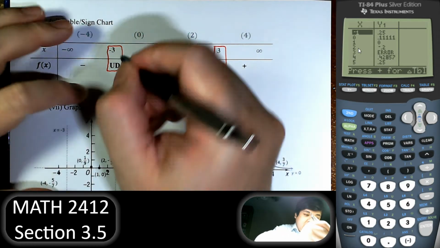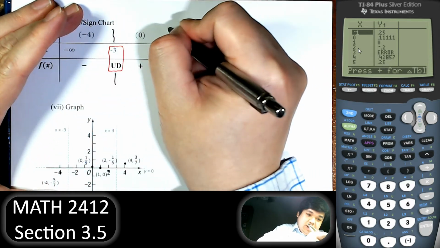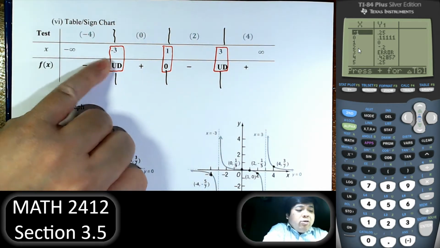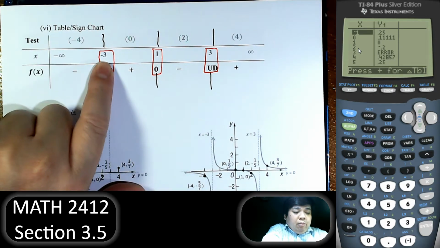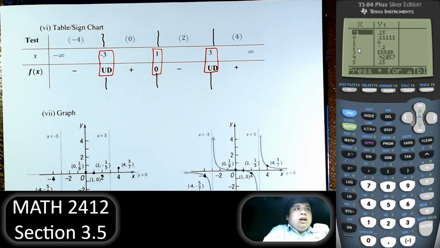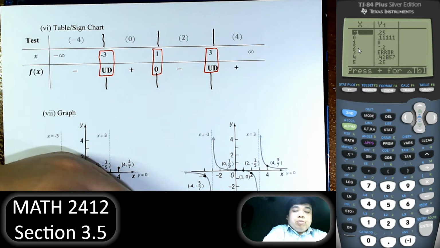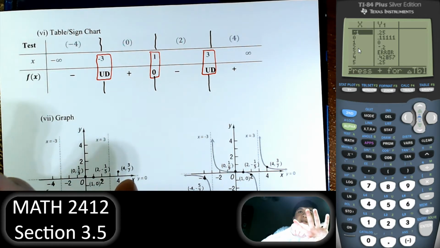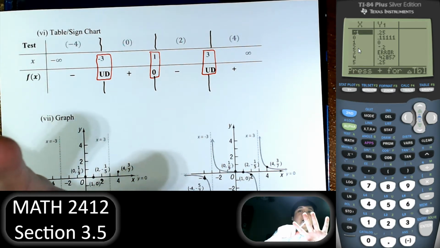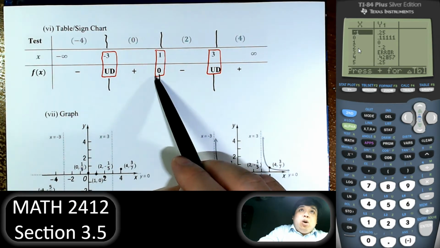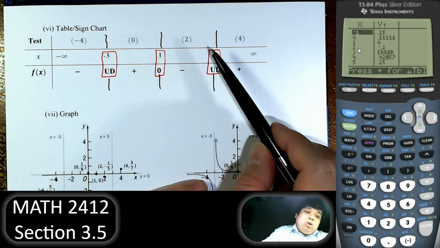So we'll divide this like a table, where x makes the function equal to 0 or undefined. So it is 0, does not exist, greater than or less than 0. We know that it is equal to 0 when x equal to 1. It is undefined when x equal to -3 and 3.